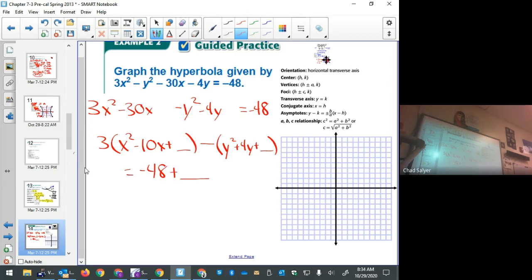So tell me what to put in that first blank, that leftmost term right here, Jan. Well, take 1/2 of this and square it.